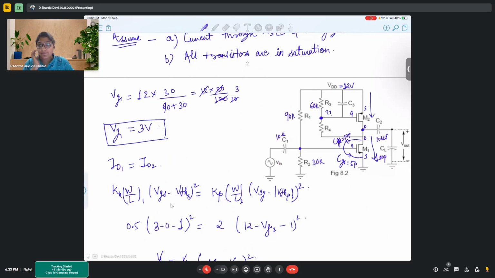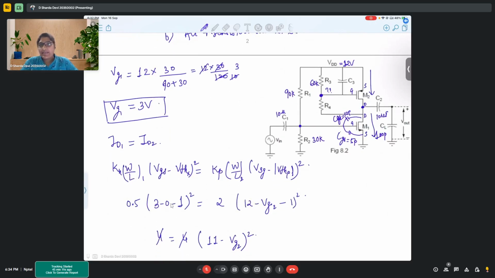I want to clarify one thing. The assumption that current through R3 and R4 is negligible: are we assuming it because the MOS from its source side is offering lesser resistance compared to that side? Yes, you can assume it that way. And also, the basic idea is you want amplification, right? The circuit that is providing you amplification is the series transistors.